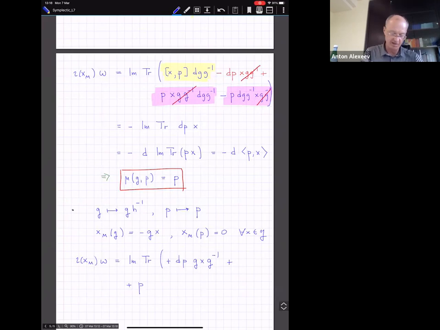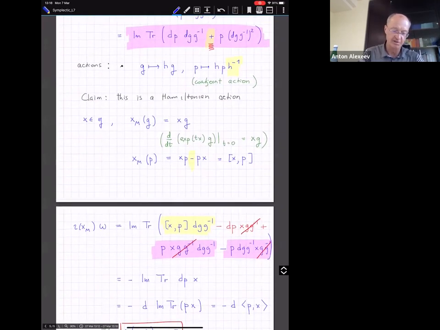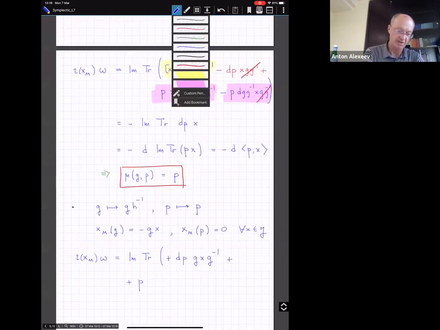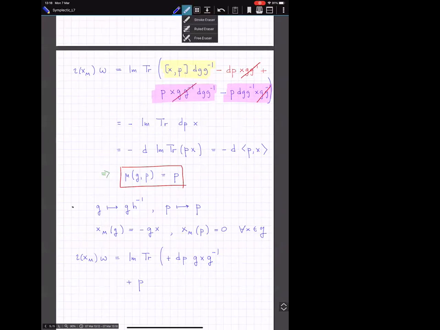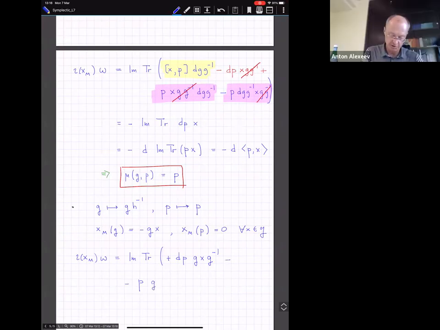I think I'm thoroughly getting lost with it, and here there would be plus, minus. Okay, minus, and here gx g minus 1 dg g minus 1 and plus p dg g minus 1 gx g minus 1.